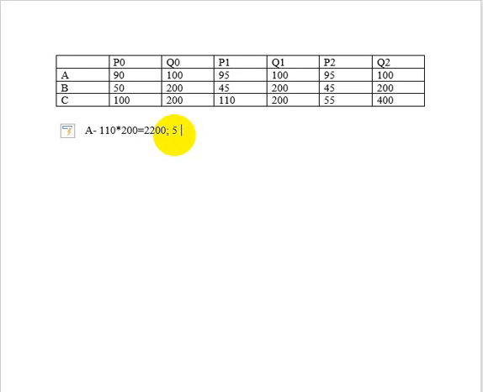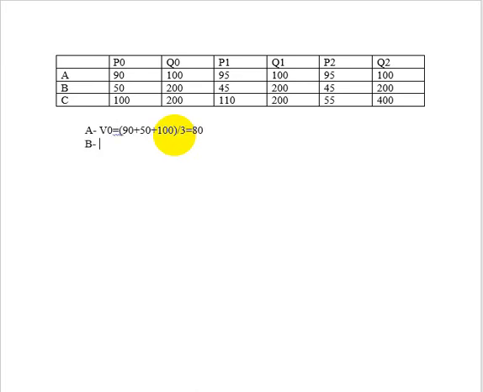Now let's start with part A. Part A says, calculate the rate of return on a price-weighted index of the three stocks for the first period, i.e. t equal to 0 to t equal to 1. V0 using the price-weighted index is equal to 90 plus 50 plus 100 over 3, and this is 80.